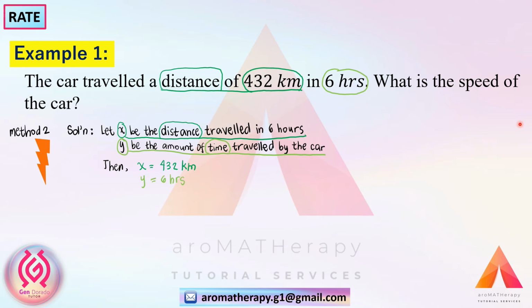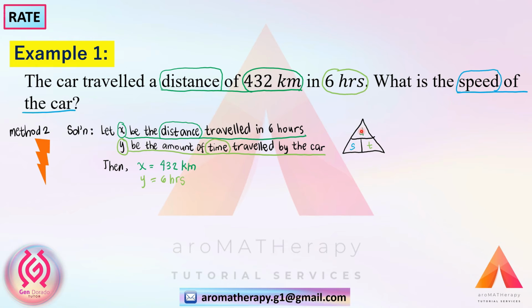In this way, still, gagamit tayo ng motion triangle. Since we are looking for the speed of car, gagamit ulit tayo ng motion triangle. Basta mga motion problems, gamitan natin ng motion triangle. So, DST.